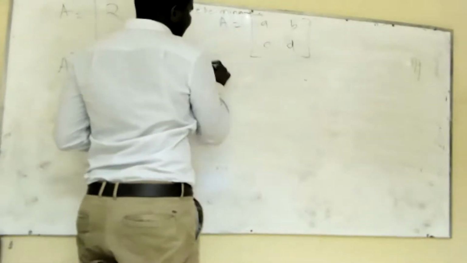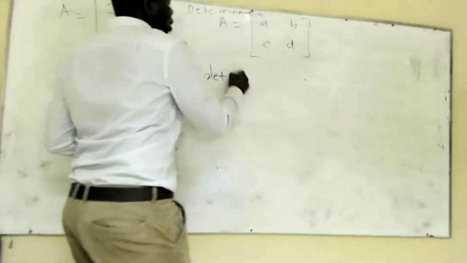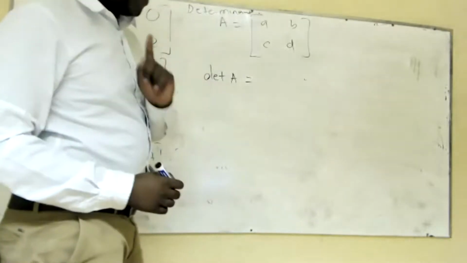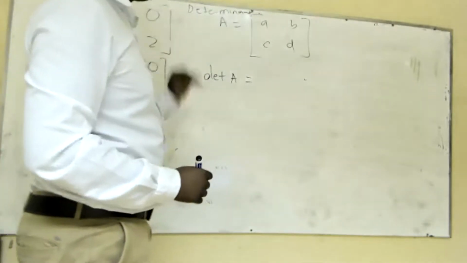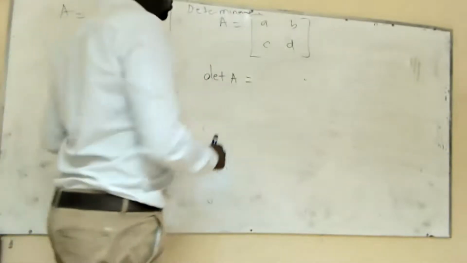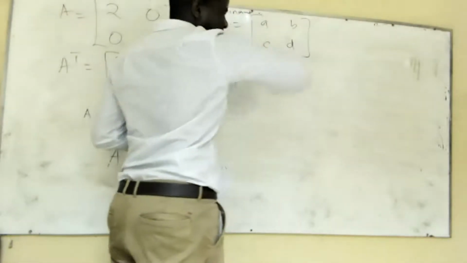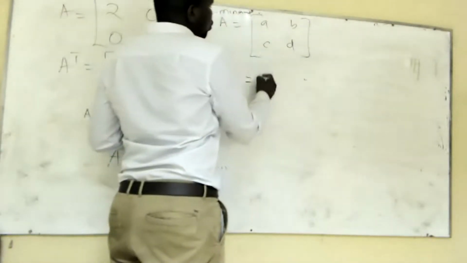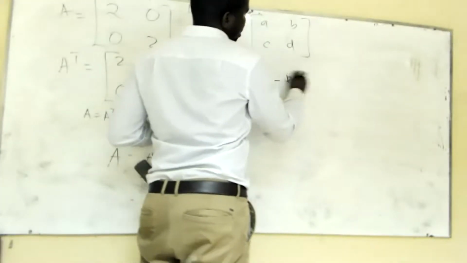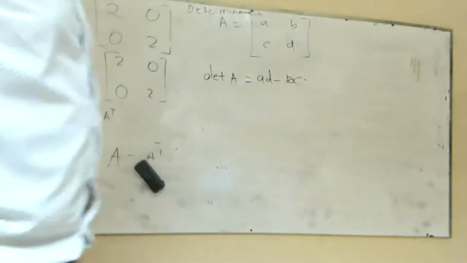The determinant is indicated by det, so det of A. For 2 by 2, you multiply the diagonals and subtract the other diagonal, which is AD minus BC. That is how you calculate the determinant. Are we all together?